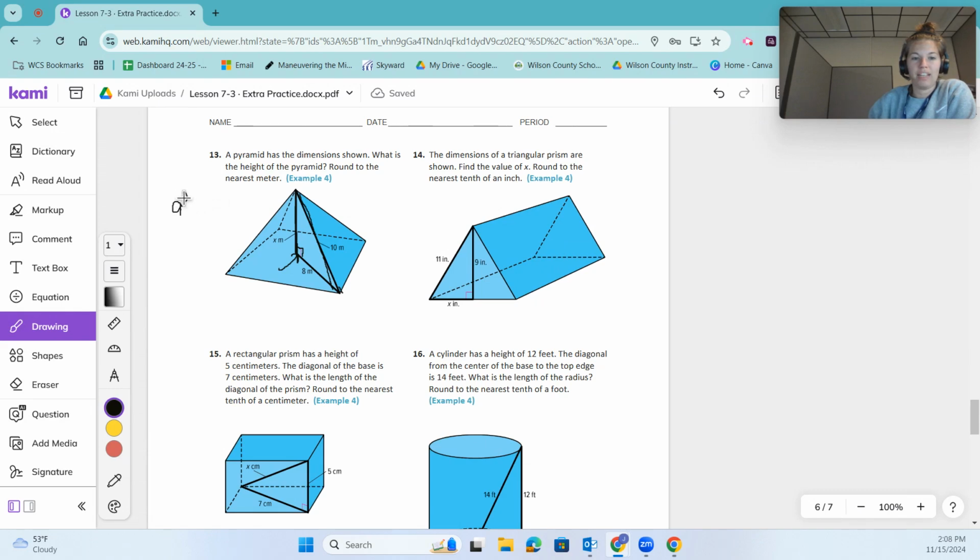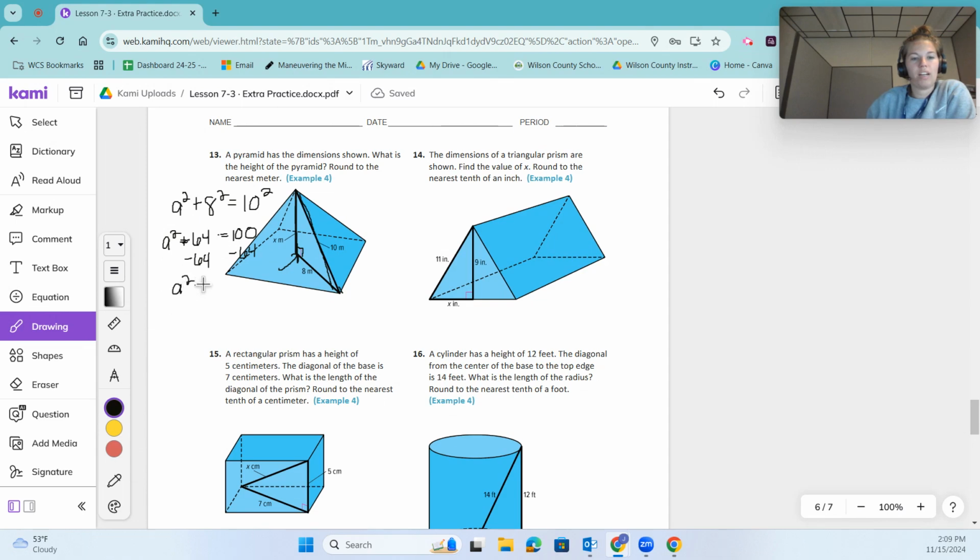So I'm going to do a squared plus 8 squared equals 10 squared because 10 is my hypotenuse. Okay, a squared plus 64 equals 100. Subtract 64 from both sides in order to get a squared by itself.